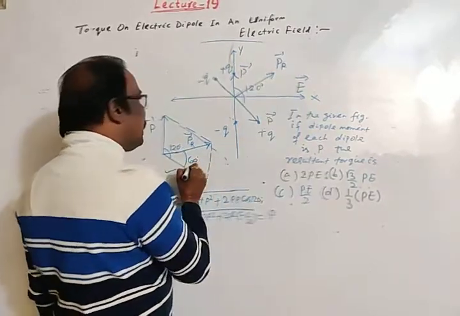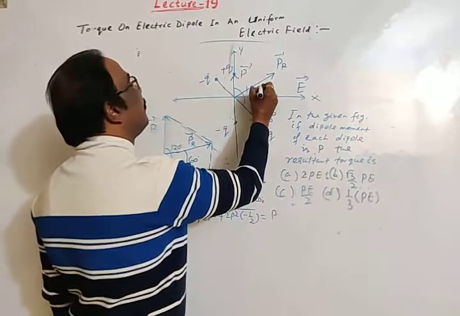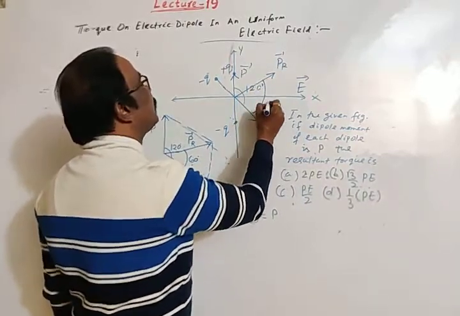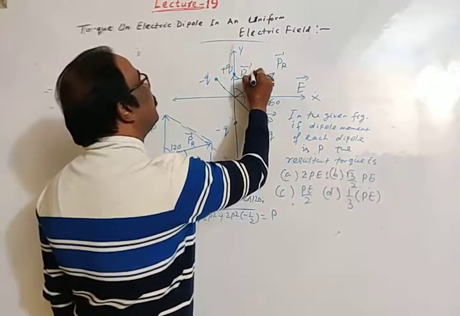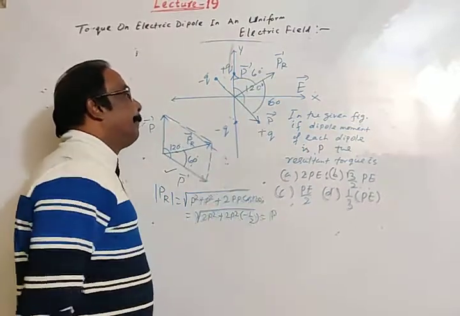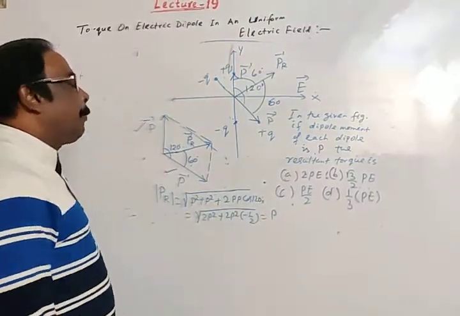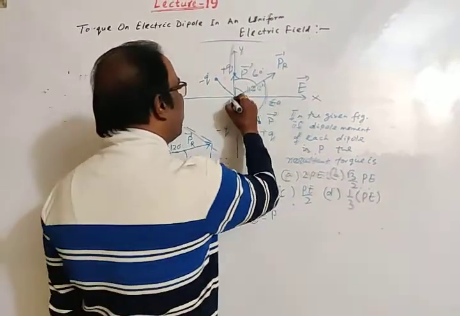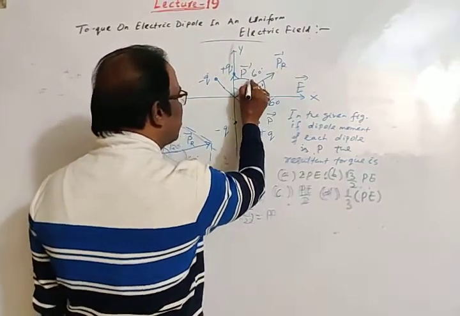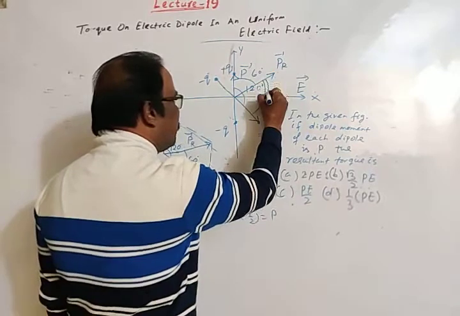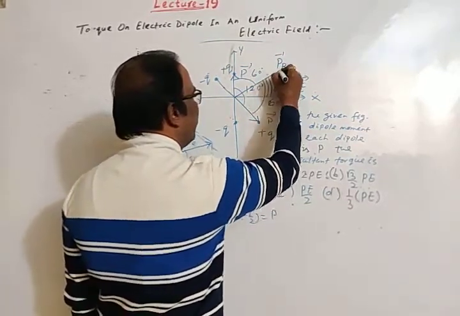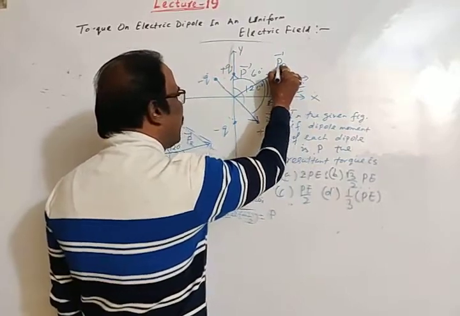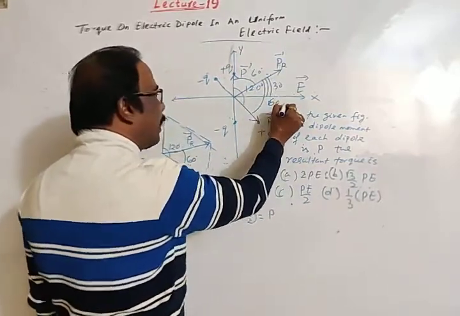And this total angle is 60 degrees, and this angle is also 60 degrees. Then we have to find the torque. This is the direction of the resultant dipole moment. See, this angle is 60, so obviously this angle is 30 degrees. So the angle between the resultant dipole moment and the electric field is 30 degrees.